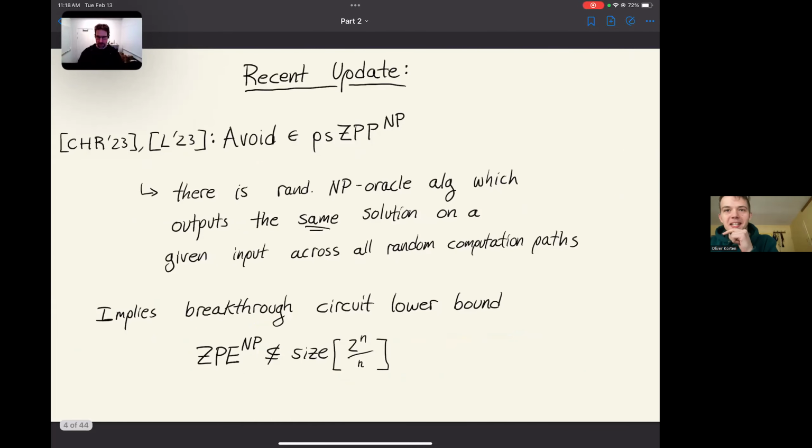In a very recent sequence of two papers, one very close after the other, it was proved that we can put an unconditional, stronger upper bound on this problem: a pseudo-deterministic ZPP to the NP algorithm. Again, this is a randomized algorithm using an NP oracle, but it has this very interesting property that the solution output by the algorithm is one fixed solution that depends only on the instance.